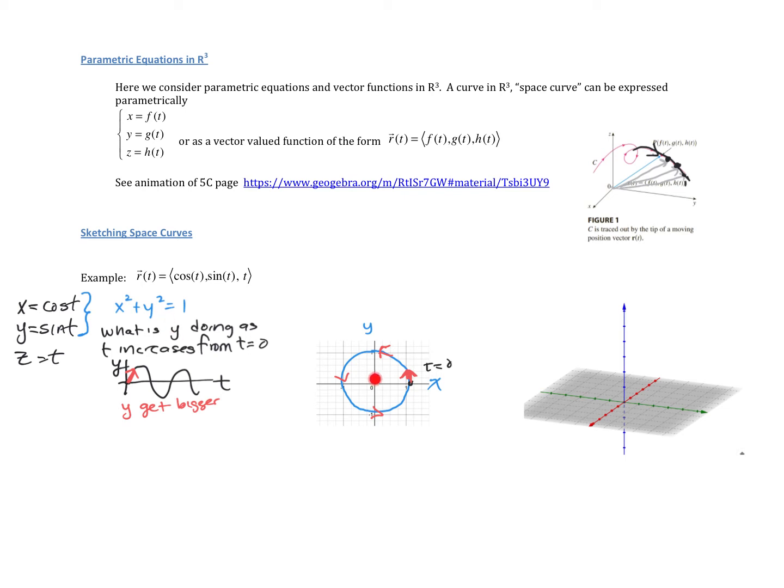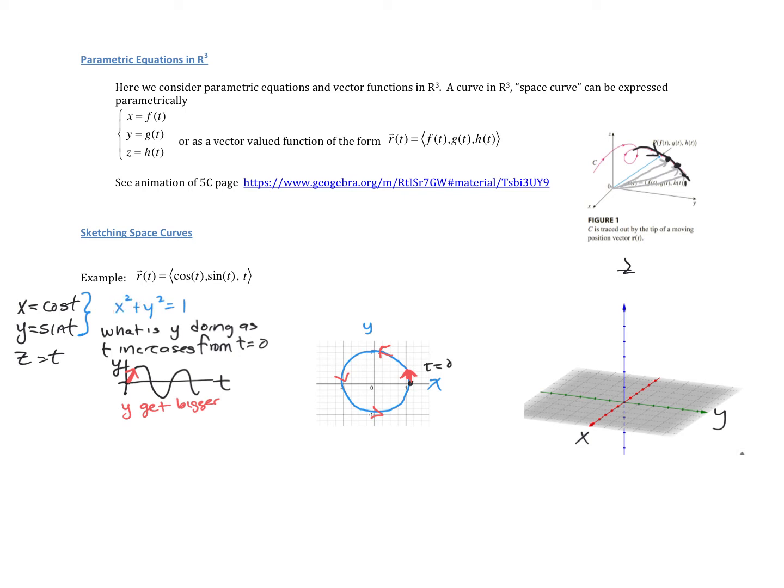All right, that's 2 dimensions, but we're in 3 dimensions. So how does this translate to 3 dimensions? Well, in 3 dimensions, this graph right here is not just a circle, it's a surface, right?